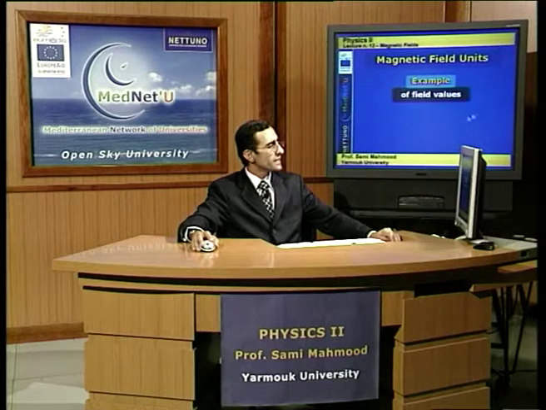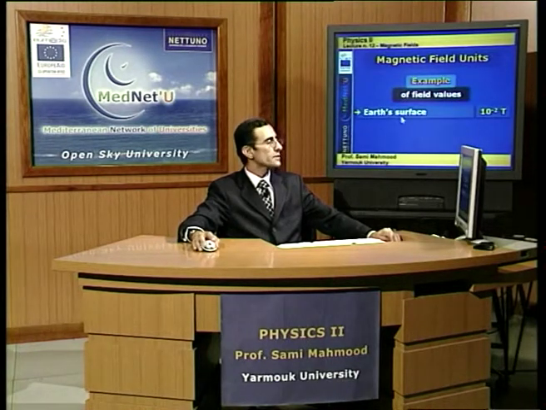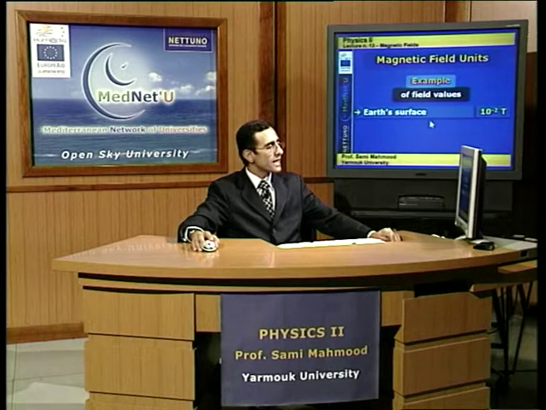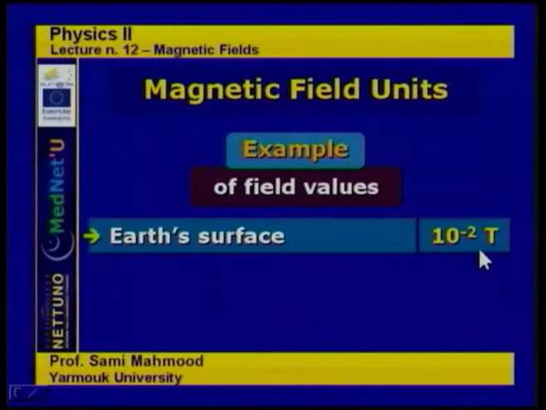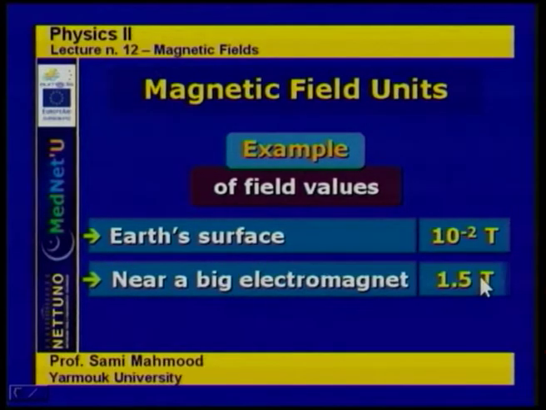Examples of fields: the Earth's magnetic field at the surface of Earth is 1/100th of a Tesla, 10 to the minus 2 Tesla. The magnetic field near a large electromagnet is simply 1.5 Tesla.